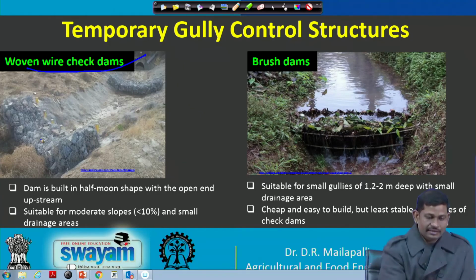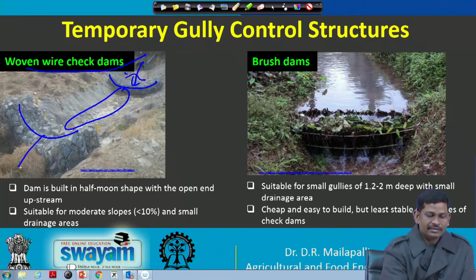If you see in this, the boulders or the rocks are constructed like a semicircle, and this is also a semicircle case. The water will be passed through this, depositing some soil here and again depositing some soil, and you get the safe water going back.